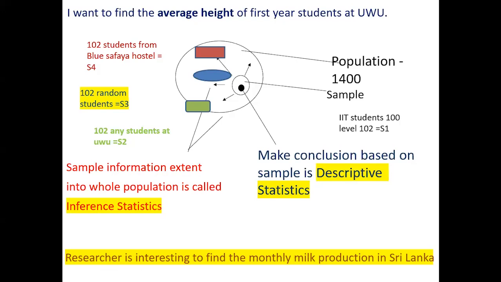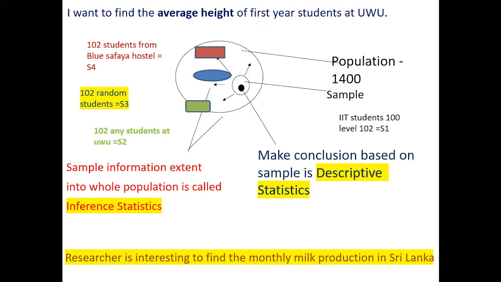Who produces it? Milk is produced by the cow. But from the cow, we cannot collect the information. The cow has an owner. The owner may be a farmer or a company or some agency.